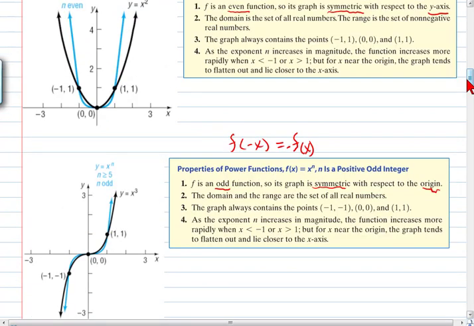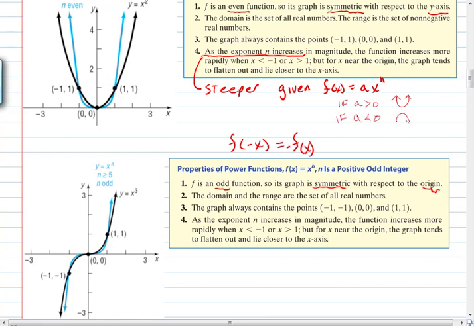So what we could say here is, given f of x equals a times x to the n, if a is greater than 0, the graph will open up like this, the ends going in the same direction, opening up. If a is negative, this graph will be pointing down. And you can tell if a function's even by replacing -x with x, and you get the same function back.